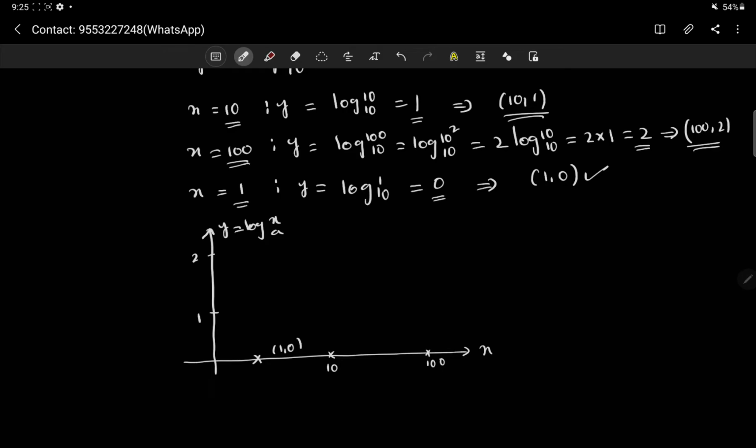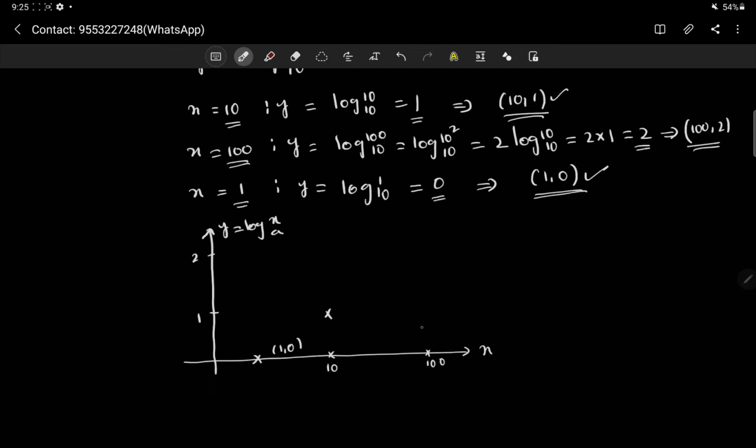Okay, so I am giving first point, that is 1 comma 0. Next 10 comma 1, that point will be here.